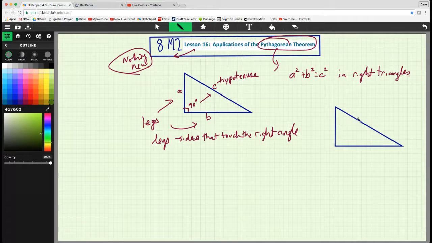If we had a 3-4 triangle like this, the two legs are 3 and 4, and we want to find out what the long side is, then we simply say 3 squared plus 4 squared equals c squared, because this is A, this is B, and this unknown is C.